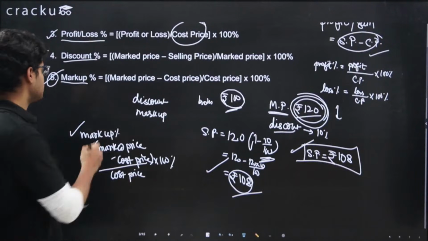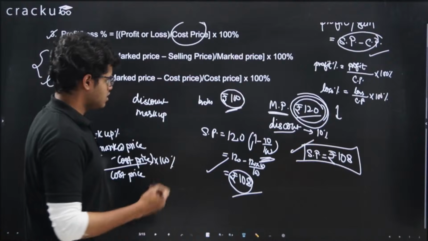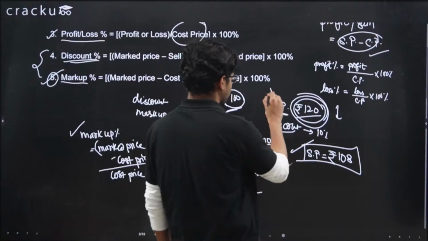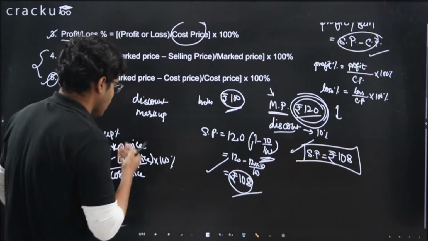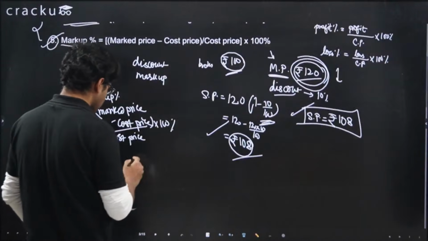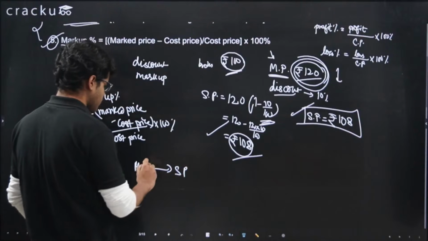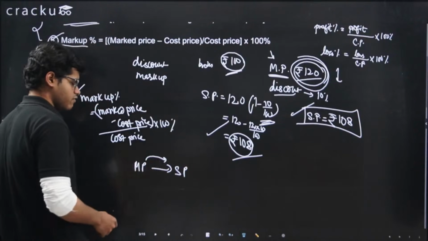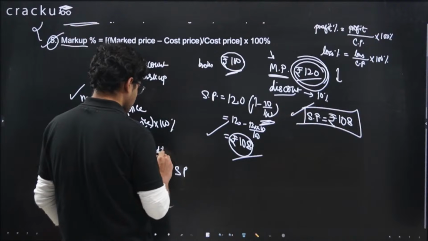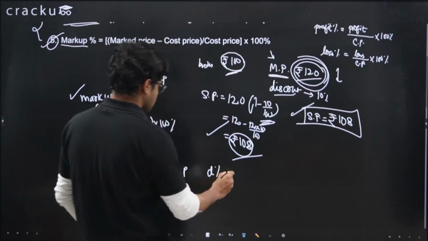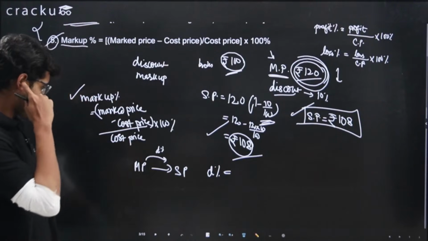Similarly, what is discount percent? Now, as you have seen, discount percent we are giving on the marked price. So discount percent is basically, we are selling and reducing the marked price by a certain factor, that is discount percent. So discount percent is the percentage decrease in the value of marked price.